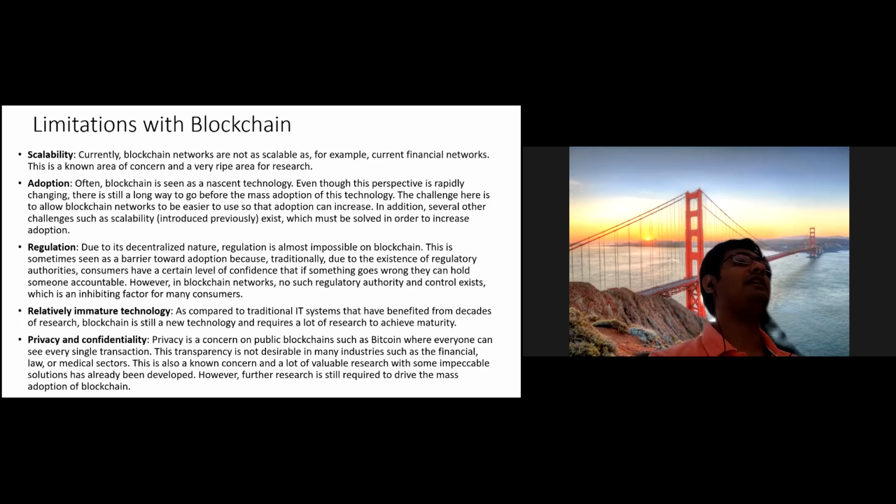It's a relatively immature technology, so you need to know it. I teach Hyperledger Fabric, which is a widely used blockchain framework in enterprises. Even if you count in India, there will be not more than 50,000 blockchain developers, right?